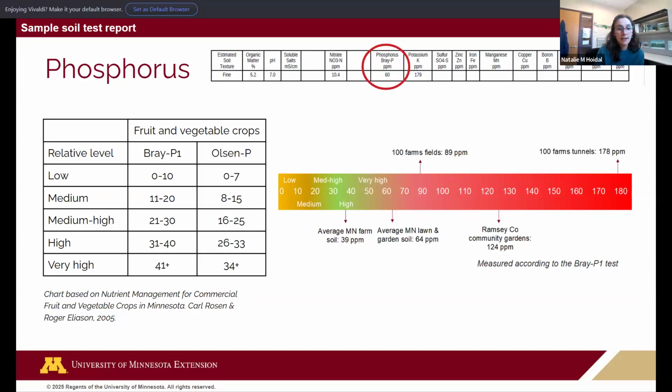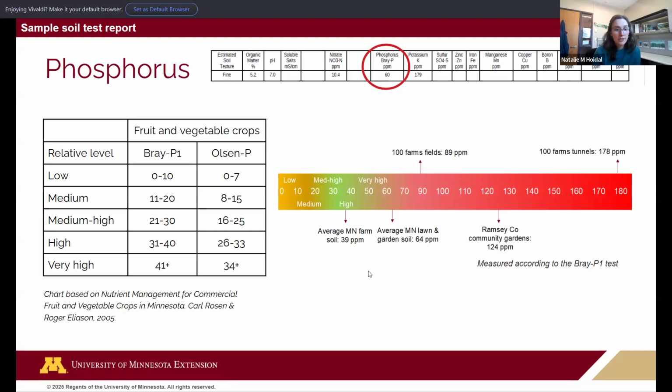And the Olsen test more effectively estimates soil phosphorus when the pH is high, above 7.3. So you're going to have at least Bray. They always run the Bray test. If the Olsen test is listed, go with the Olsen test. And so we've got these categories of low, medium, high, very high, and your soil test will tell you where you fall in that.